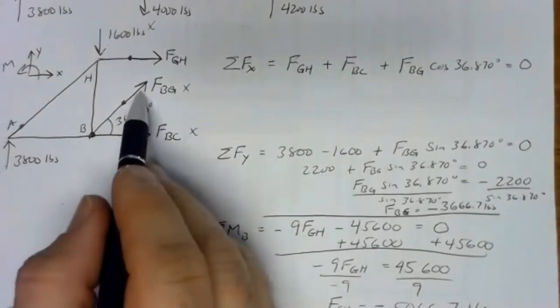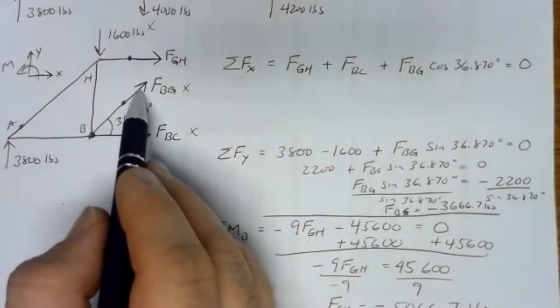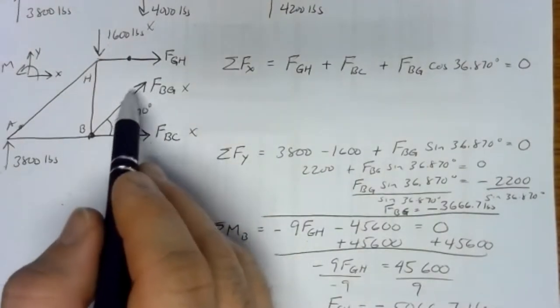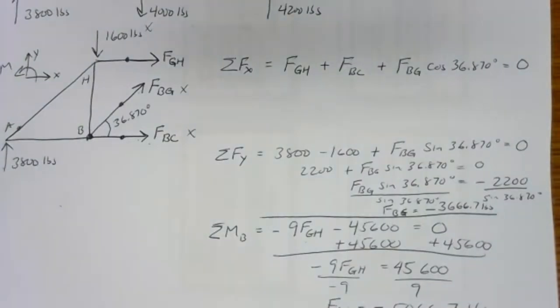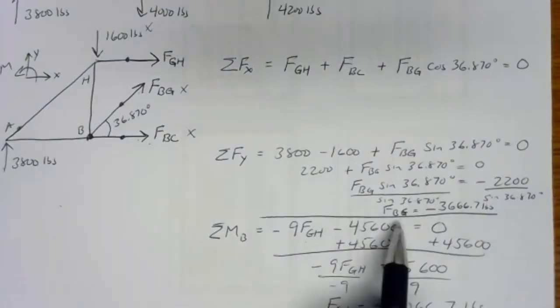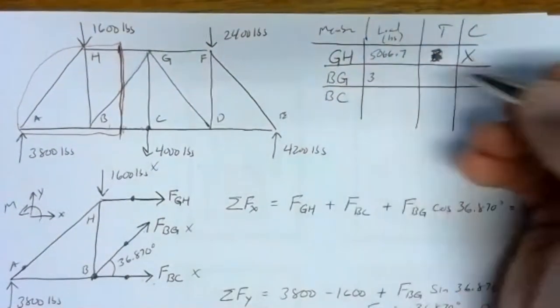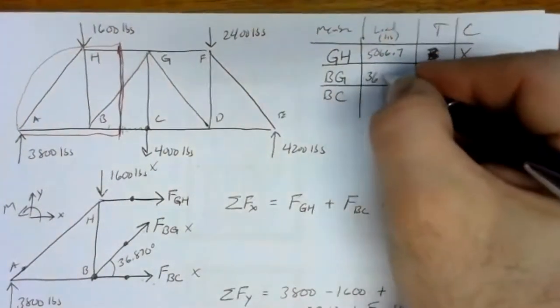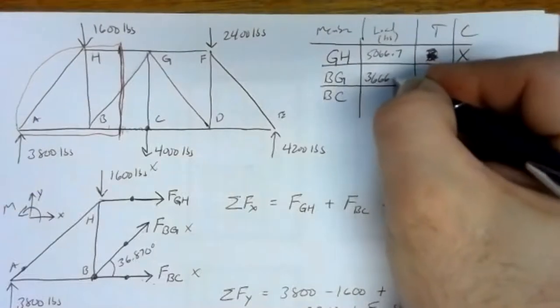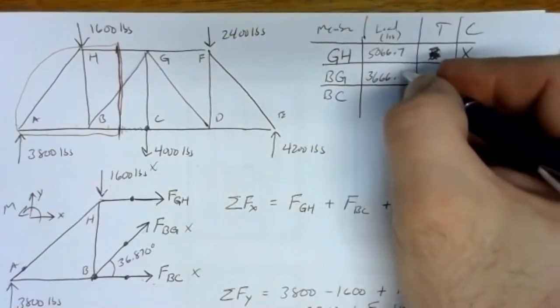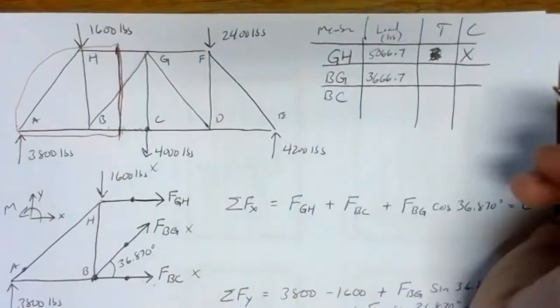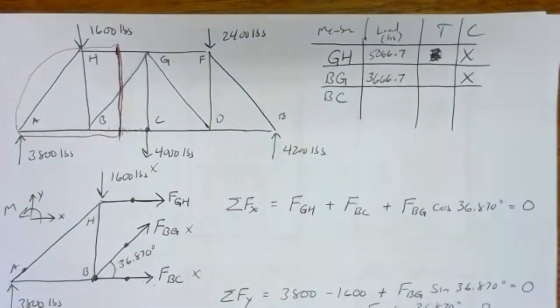That means that the rest of the truss is not pulling on member BG, it's pushing on member BG, putting it into compression. So member BG carries a load of 3,666.7 pounds, also in compression.